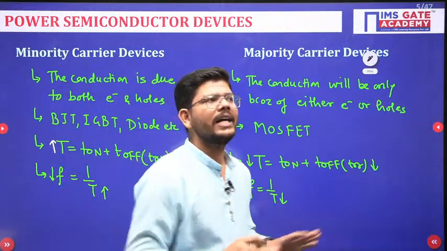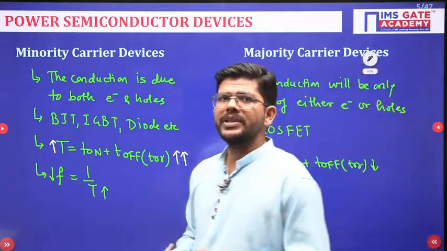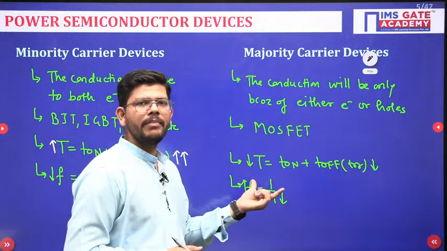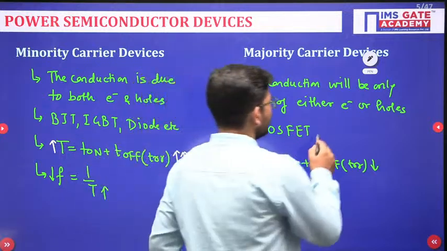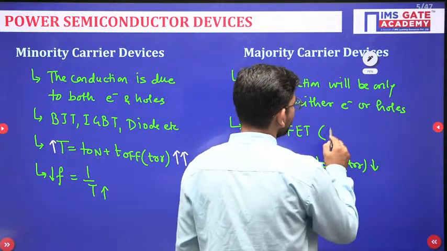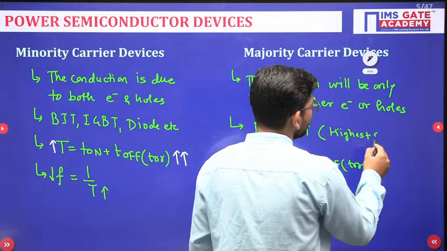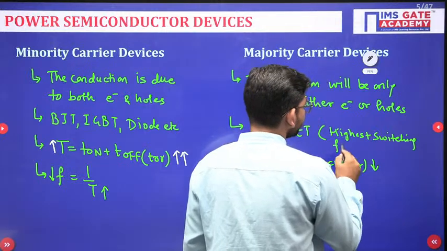So whenever high frequency applications are there, your choice will be a majority carrier device, for example MOSFET. MOSFET is a switch that will give you the highest switching frequency operation.